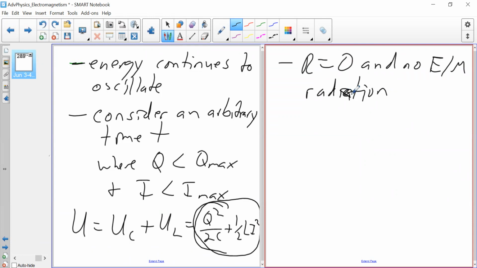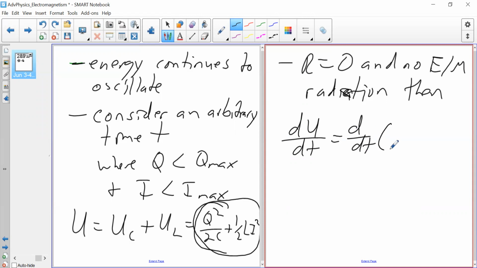All right. Then the rate of change of energy, we just talked about that, power. The rate of change of both terms, Q squared over 2C plus 1/2 Li squared.